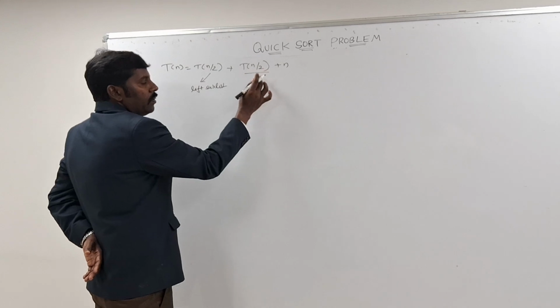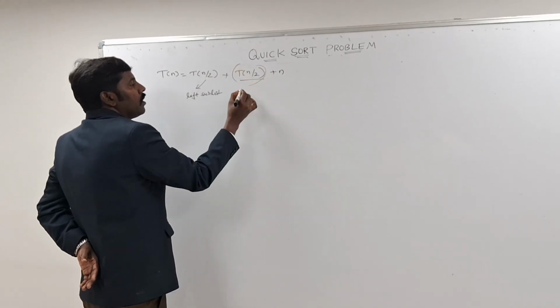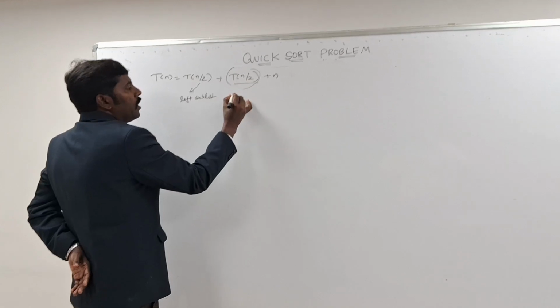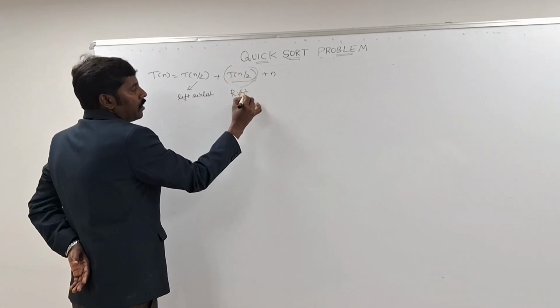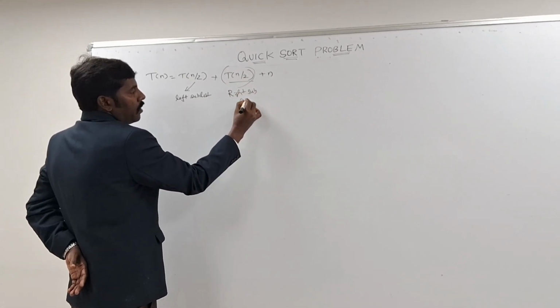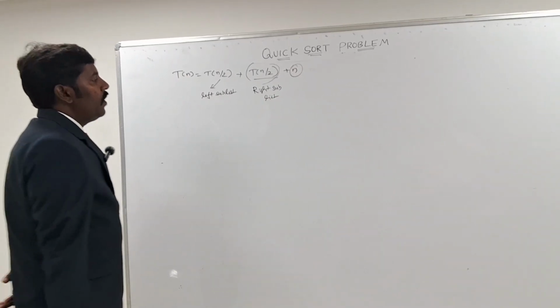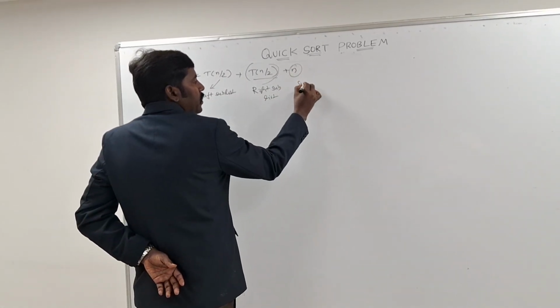This T of n by 2 is the required time to divide the right sublist. It is n, the required time to divide the sublist array.